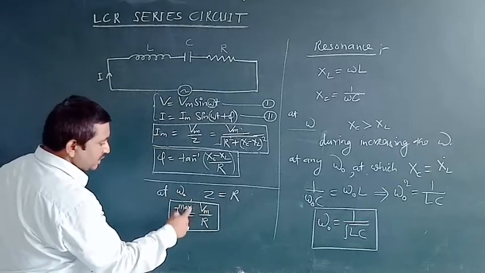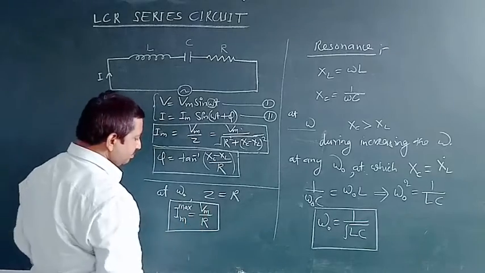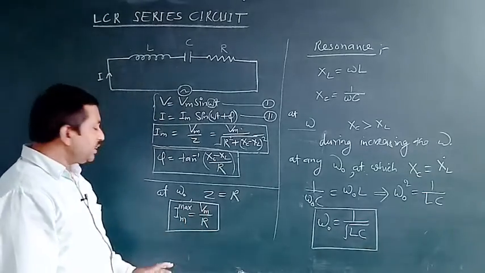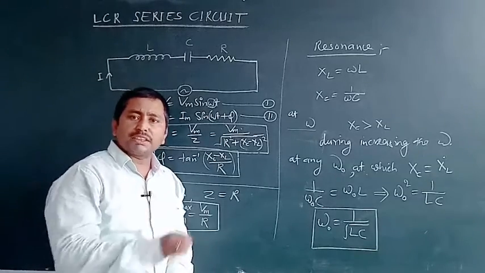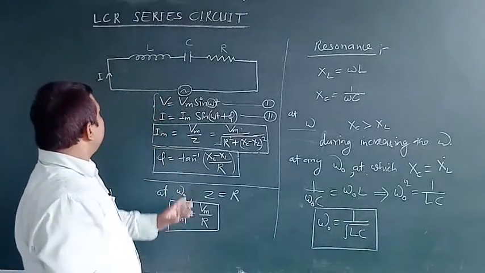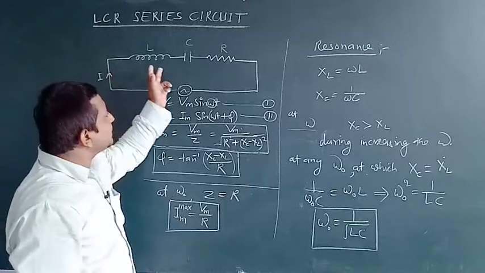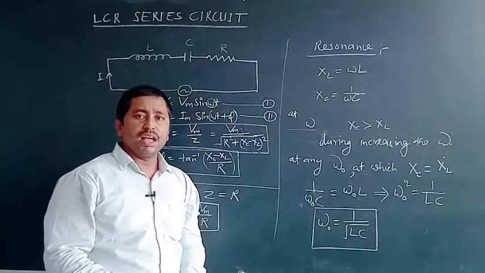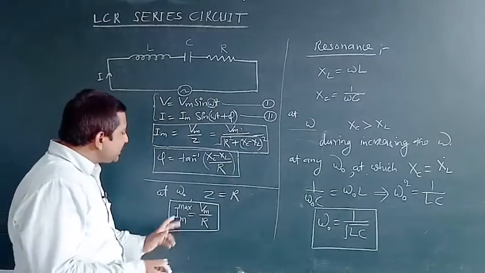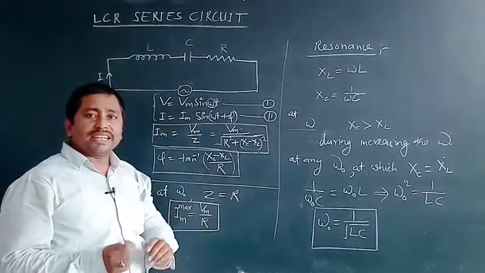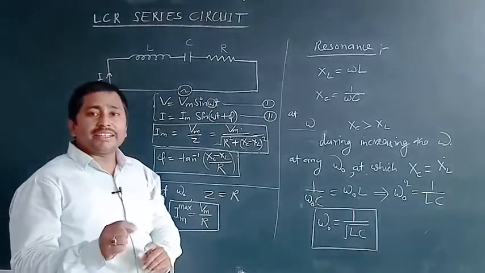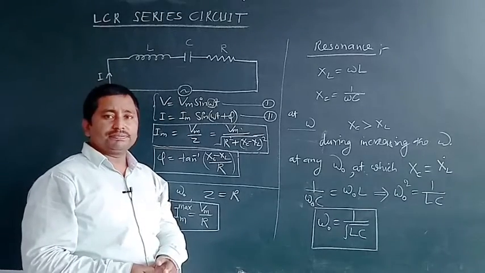So Im max is equal to Vm by R. This is the maximum amount of current which is possible to flow through the LCR series circuit. And when this current flows, the circuit is said to be at resonance condition.